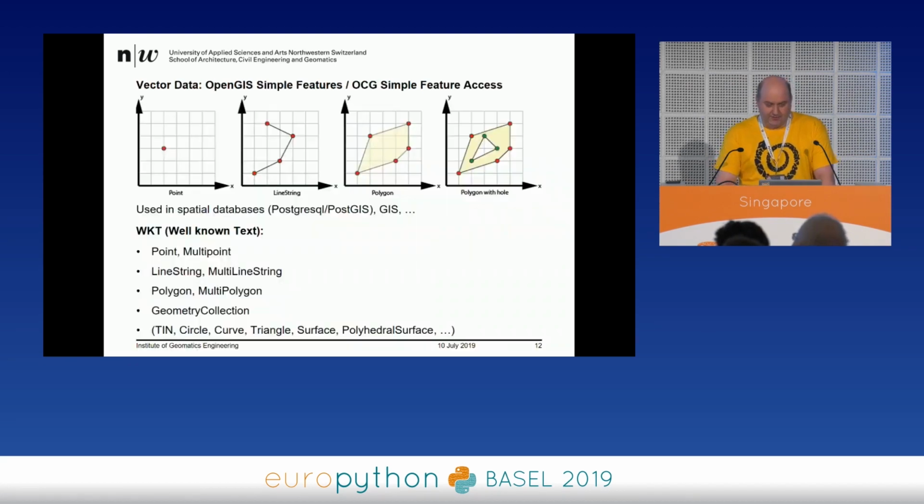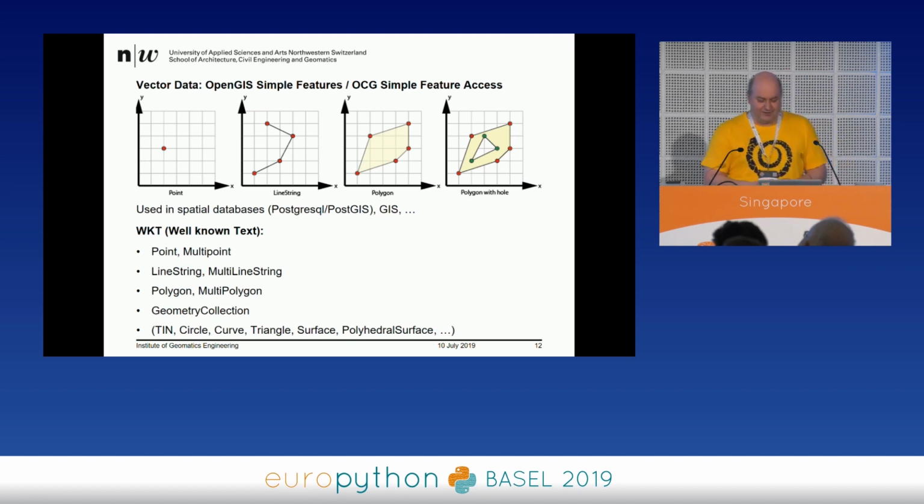Another thing is, if you look at vector data, there are some specifications like the OGC simple feature access specifications, where geodata, in this case vector data, is defined. This is used in many databases like PostGIS, PostgreSQL, and so on. One of many representations is just using text.